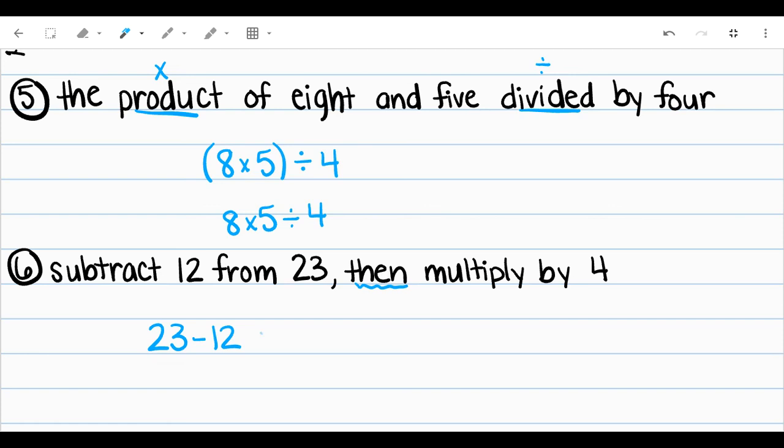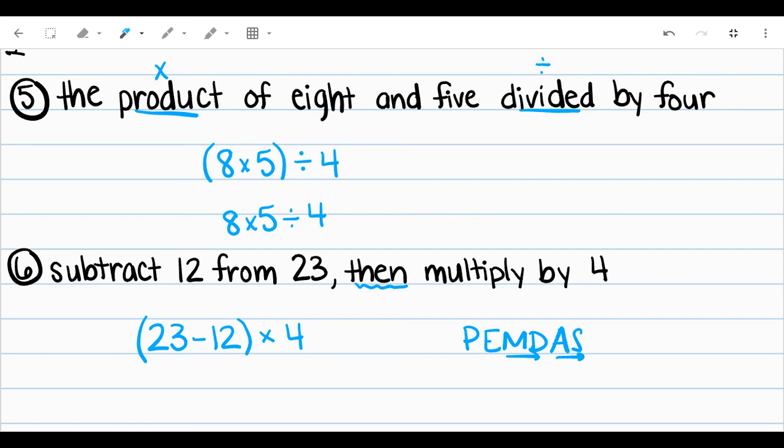Well, if I say multiply by 4, and I look at this problem, according to PEMDAS, or my order of operations, it's saying that I should do my multiplication before my subtraction. But in this problem, that's not what we're supposed to do. So in this problem, we have to put parentheses around our subtraction.